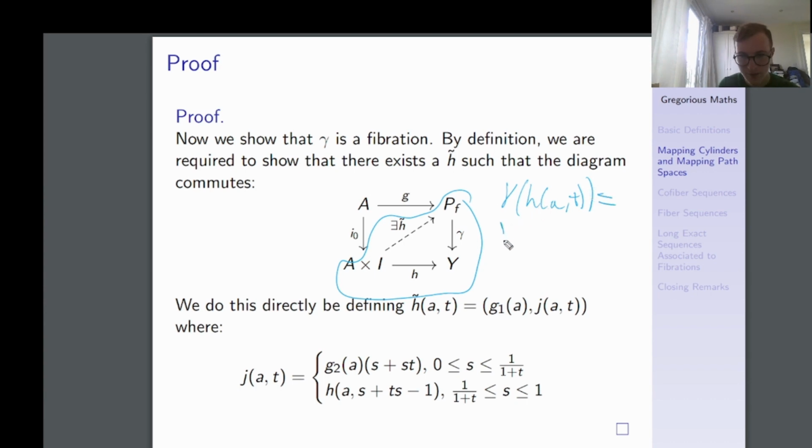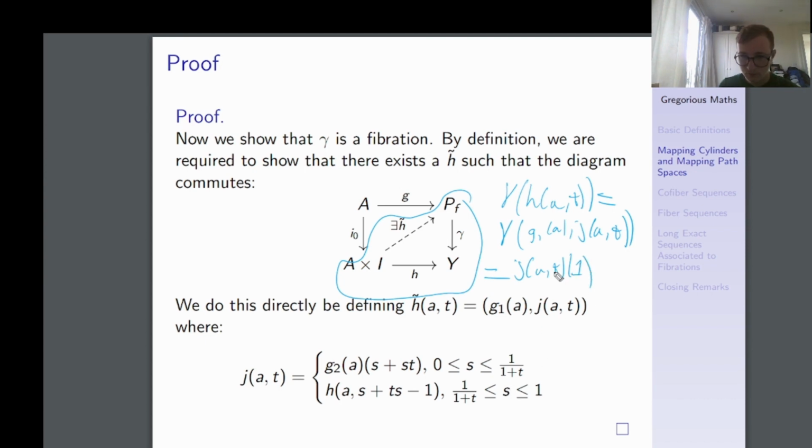This is equal to gamma of G1 of A, J of AT. What does gamma do? Well, it just takes this thing and it applies it at 1. So this is equal to J of AT at 1.